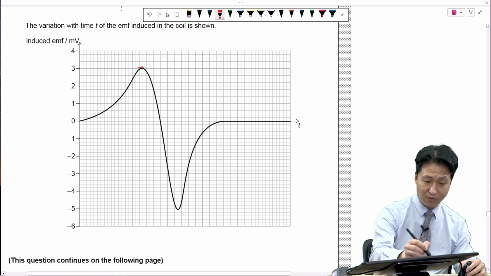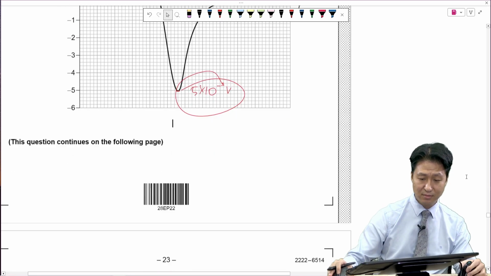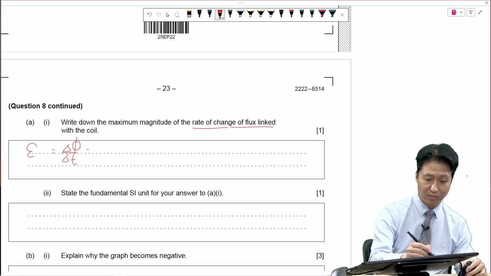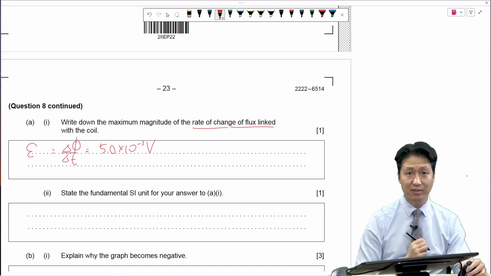So we have 3 here, but it is about 5 times 10 to the negative 3 volts here. So this would be 5.0 times 10 to the negative 3 volts, which is the rate of change of flux.